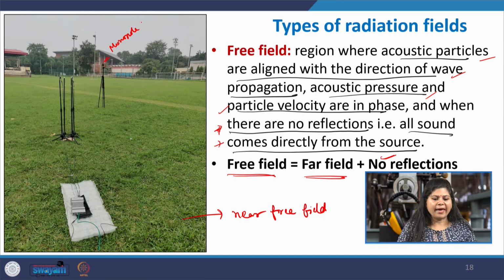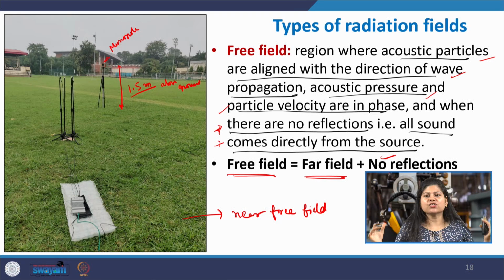It is almost 1.5 meters above the ground to avoid reflections from the ground, and any reflectors, change in media, or new surface or structure is quite far away from the source. So, here it is acting like a near free field where you are getting a propagating wave.